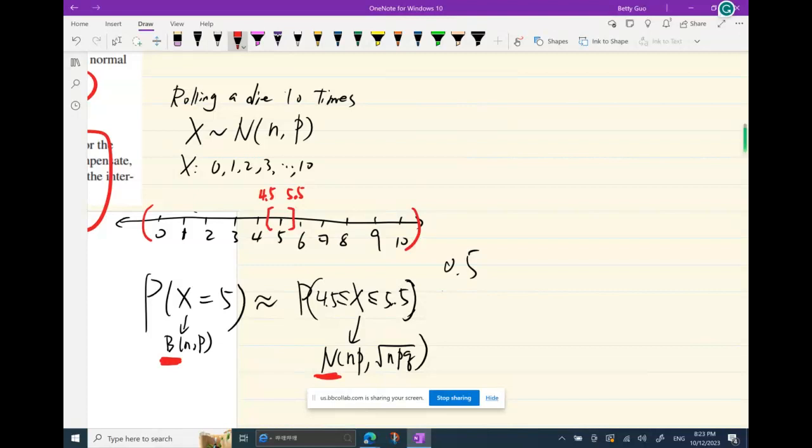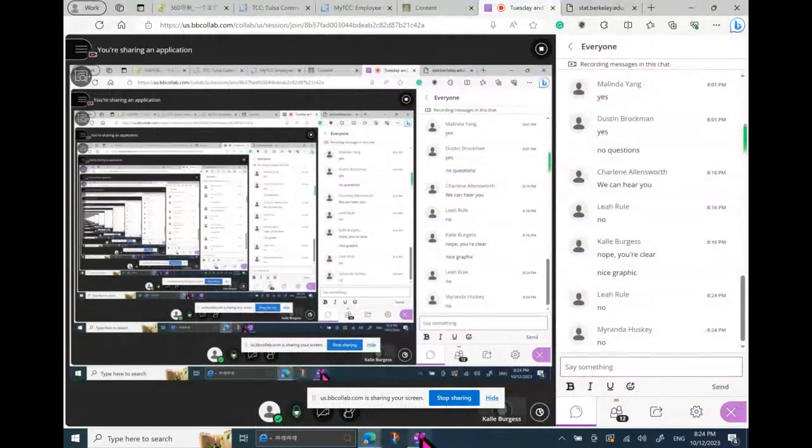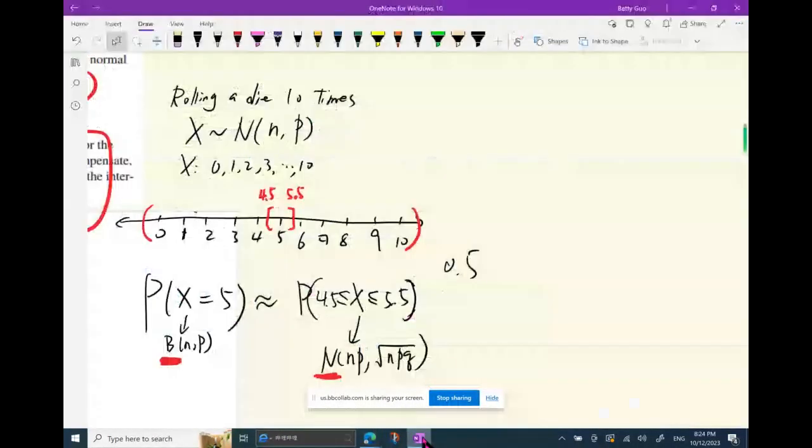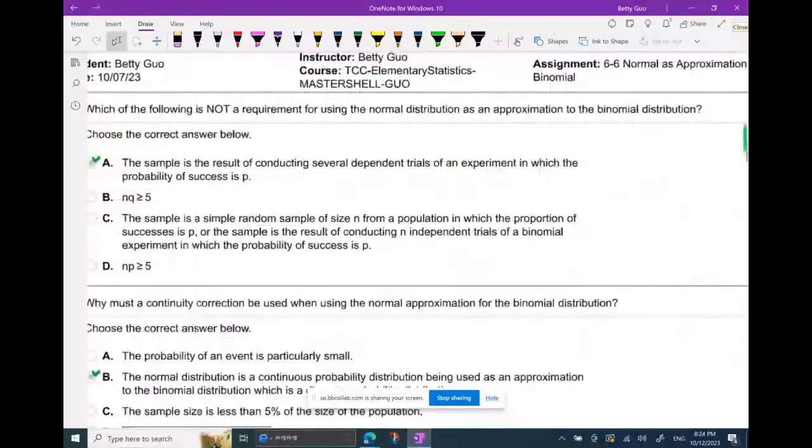Any questions? I think the best way is to use the continuity correction, and I'll show you how to do that using the calculator. Do you have any questions about what I just explained, guys? Okay, then let's do problems, and you will understand that better.